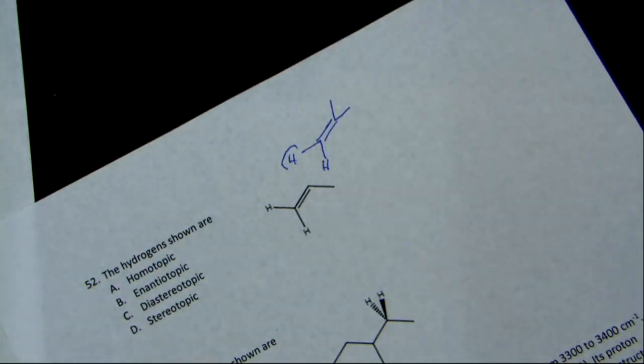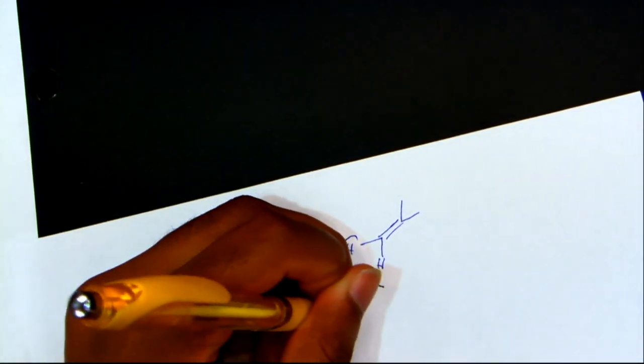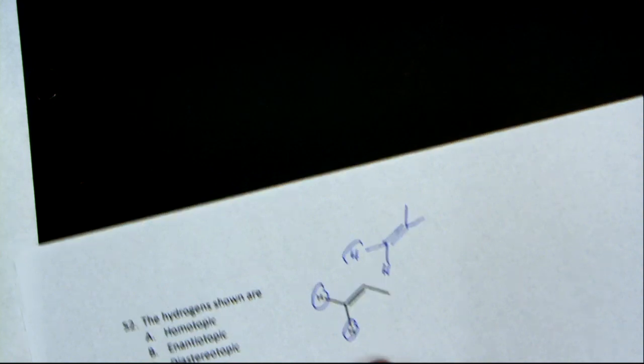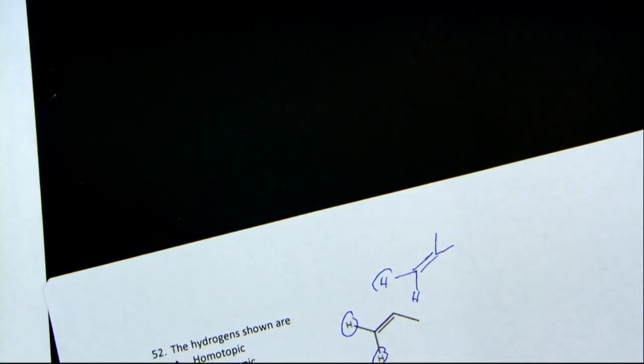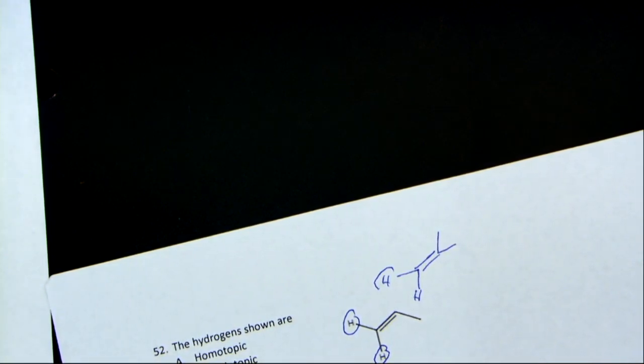This one, double check with me though, because I do see symmetry and it could be homotopic. But I think the main thing is that these two hydrogens are locked in their spots. If I did a replacement test, the chirality would not change at each spot, so it would be diastereotopic. Sorry, very quick, not that fun explanation. And for 53, the hydrogen shown would also be diastereotopic. If I did a replacement test, I could see that also.